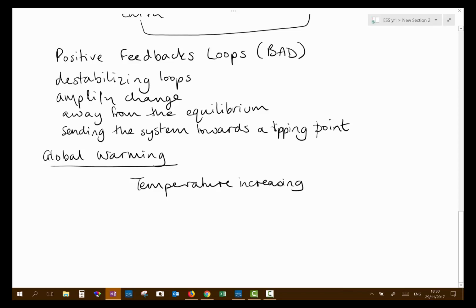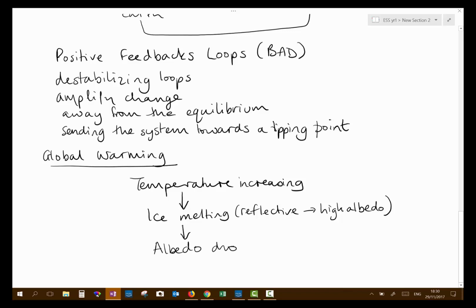It's getting warmer. Now that leads to ice melting. Now ice is highly reflective. It has what's called a high albedo. Okay, so that ice melting means that the albedo of the surface of the Earth drops, it decreases.